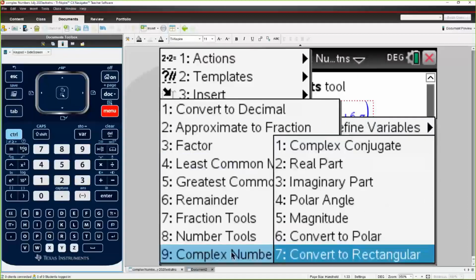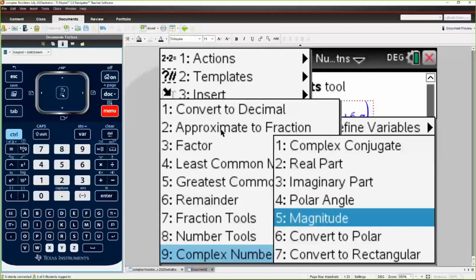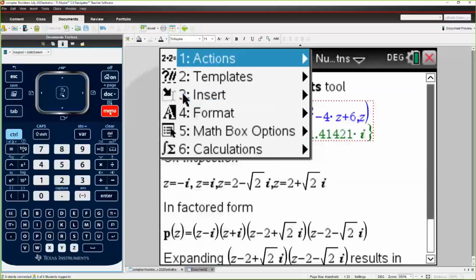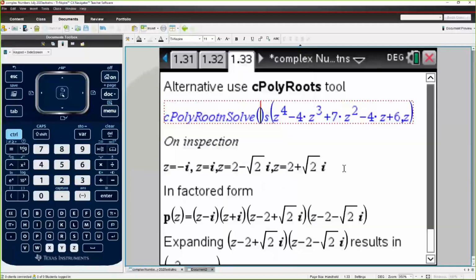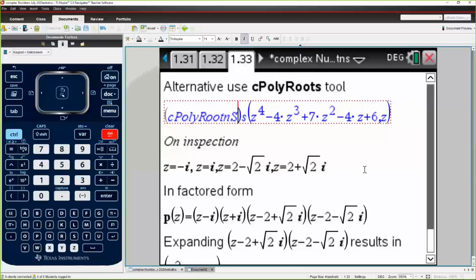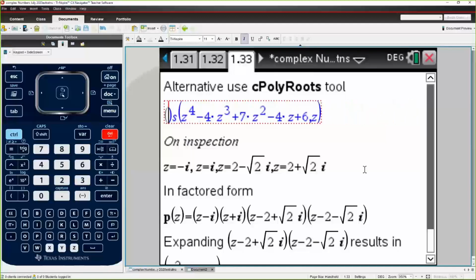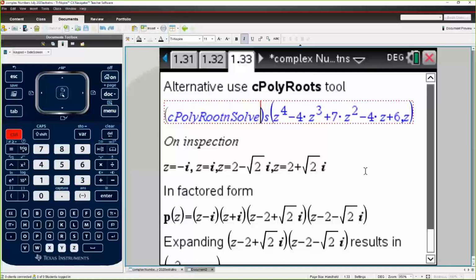No, what have I done wrong? I don't want to do that. I wanted to go to algebra, not number. So calculations, algebra, whoops. Shouldn't have done that. I've messed it up completely now. Let's just see if we can undo that.